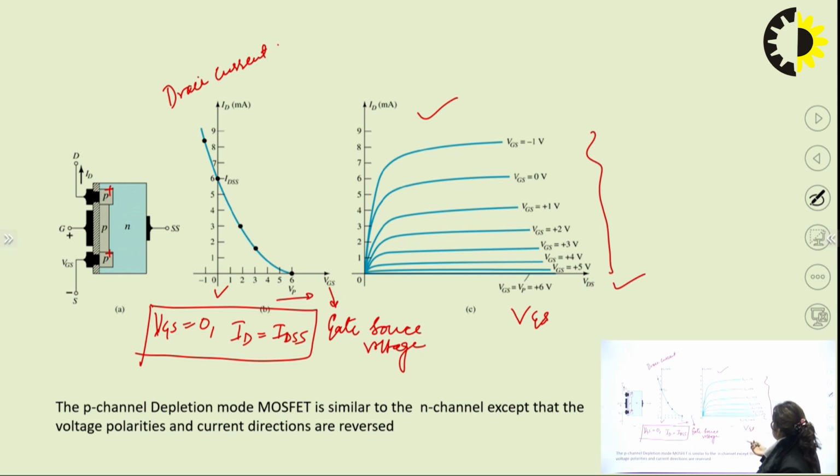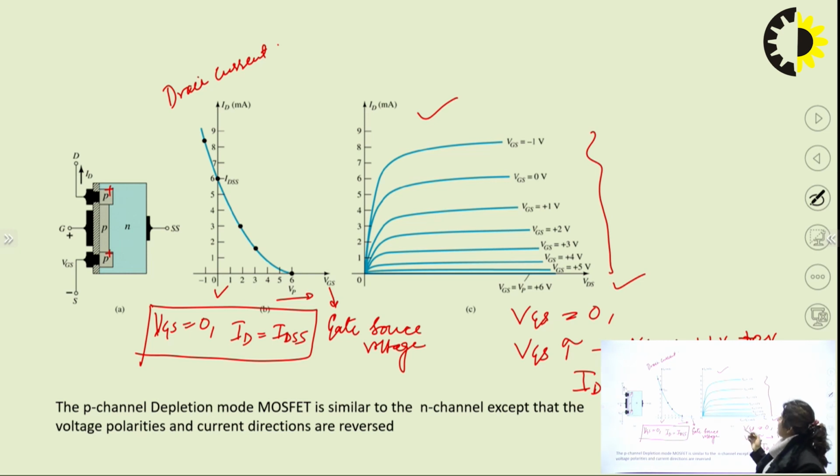In N type, whenever you increase VGS, the current keeps on increasing, just opposite of these graphs. Here at VGS equal to 0 we have some current, and when you increase VGS, like plus 1 volt, plus 2 volt and so on, the ID current keeps on decreasing.